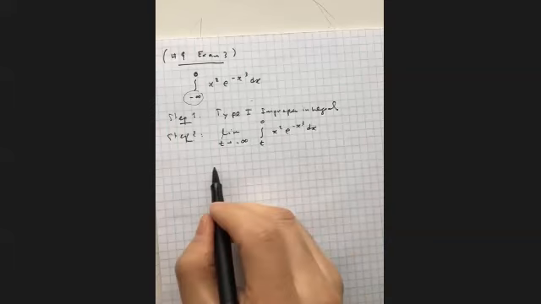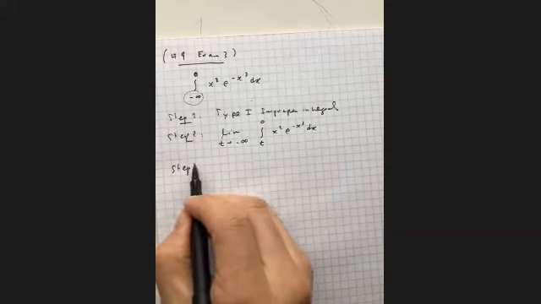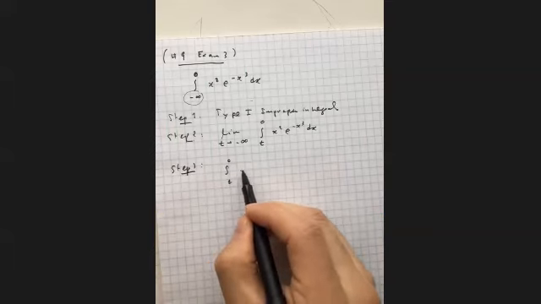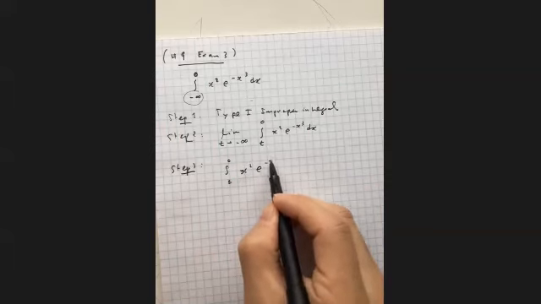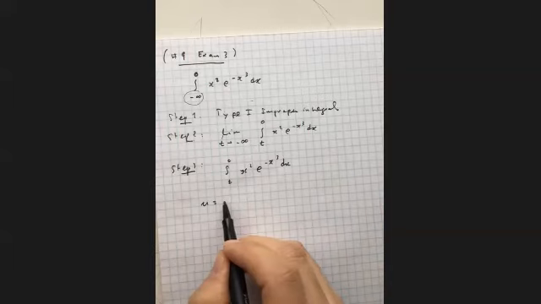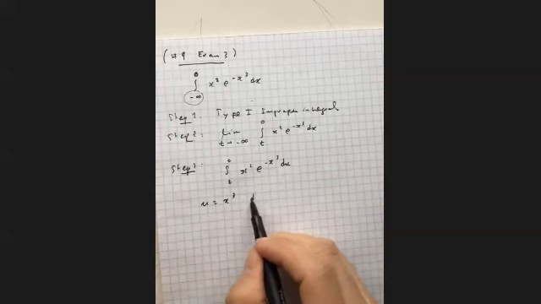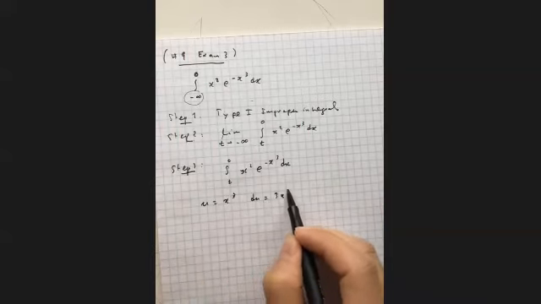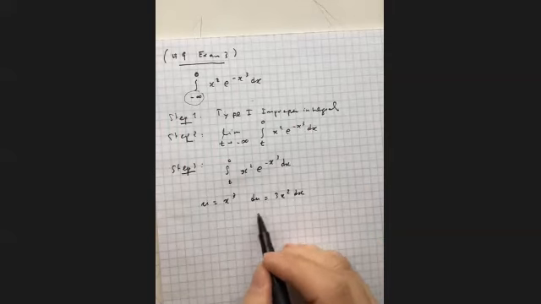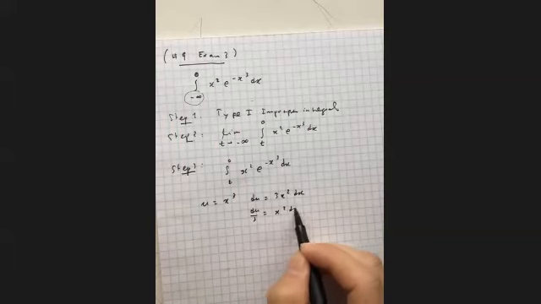Once you have that, step 3 is to evaluate this part: from 0 to t, x squared e to the negative x cubed dx. Like I said, you choose u equals x cubed, so du equals 3x squared dx. That means du over 3 is x squared dx.